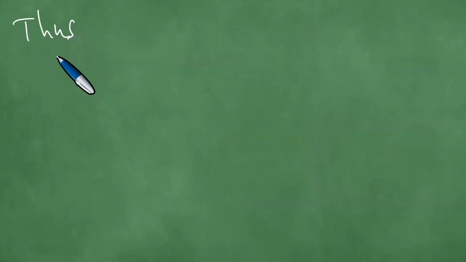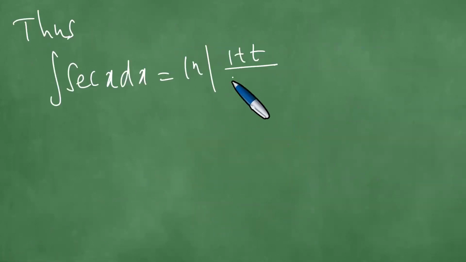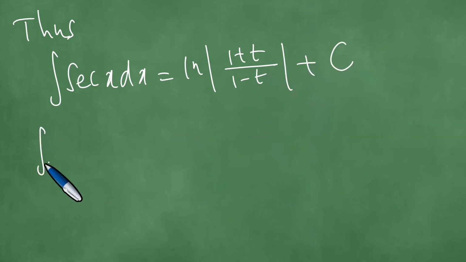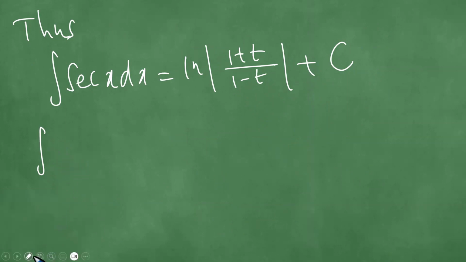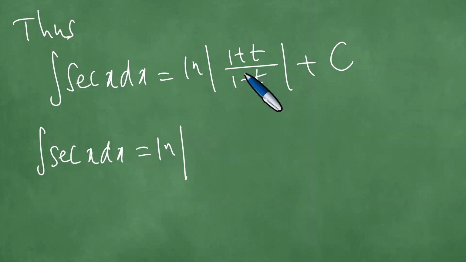Thus it follows that the integral of the secant of x with respect to x equals the natural log of 1 plus t divided by 1 minus t, plus the arbitrary constant of integration c.